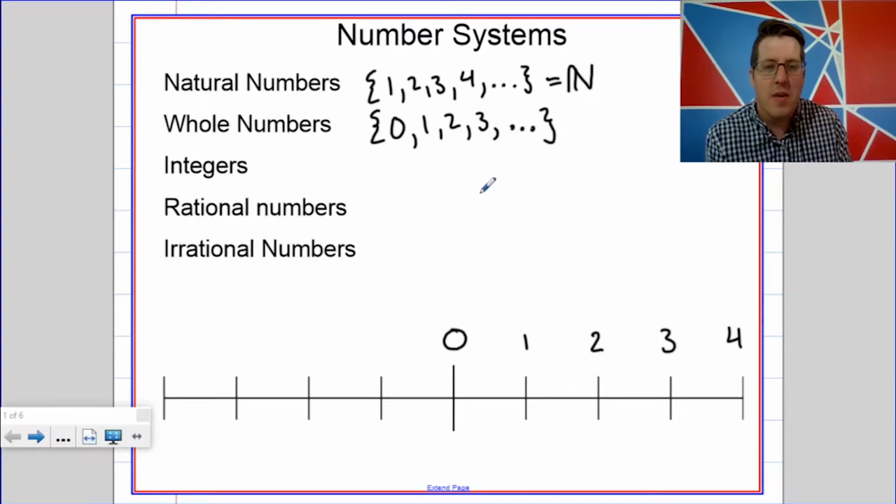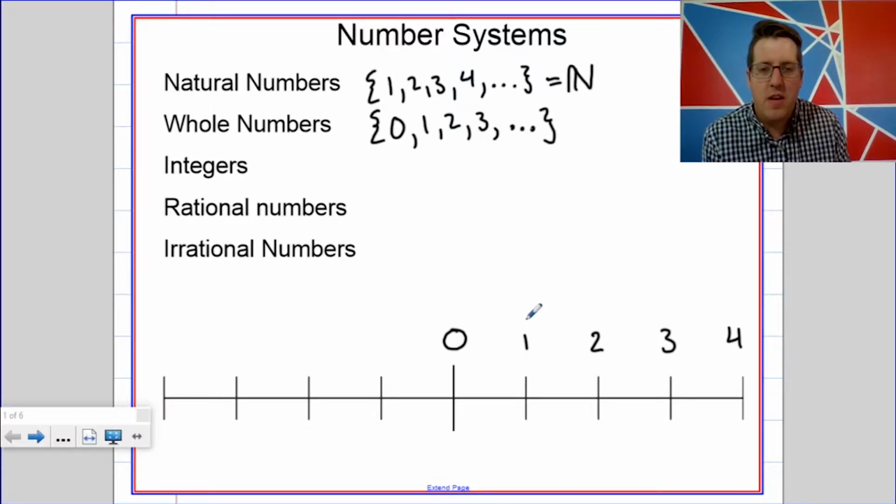Since we're going to be talking about different types of numbers all the time, it's good to have a shorthand. Now, whole numbers don't really get used that much, so we don't have a special symbol for them, like this special N.